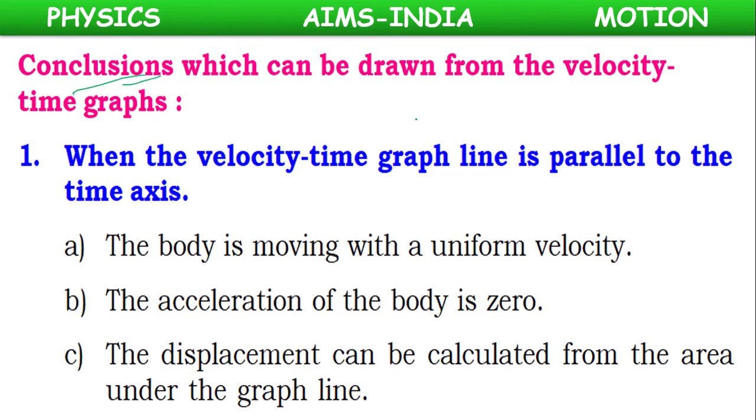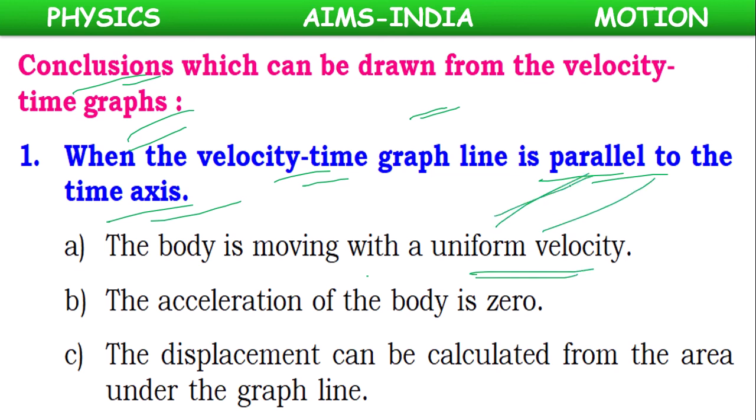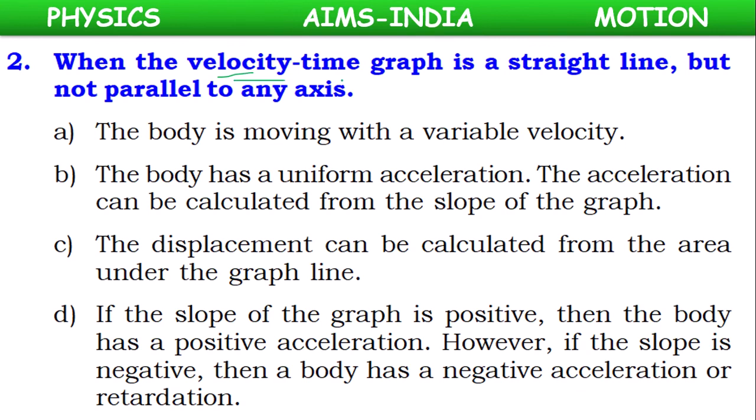So what conclusions can be drawn from the velocity time graph? When the velocity time graph is parallel to the time axis, the body is moving with uniform velocity. So no change in velocity, acceleration is zero, displacement is calculated by the area under the graph line. When it is a straight line but not parallel to any axis, the body is moving with variable velocity, changing velocity, but it is uniform.